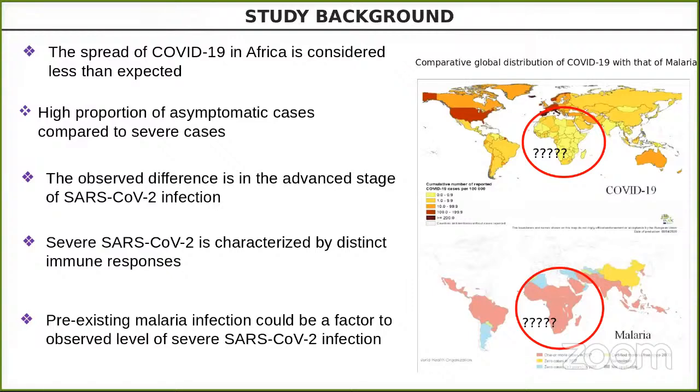So from this, it is important that as researchers, we investigate some of the underlying mechanisms or factors contributing to this, looking at the host immune responses to this phenomenon.